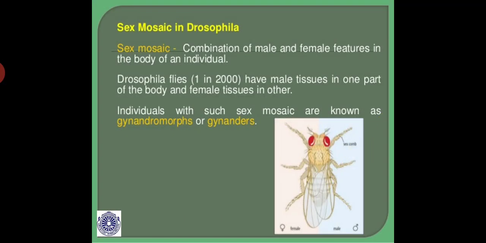That is what is explained in this slide with the help of a photograph of a Drosophila. As you see here, one half of the body of that fly shows female characters and the other half shows male characters. It's a very unique thing found in Drosophila.